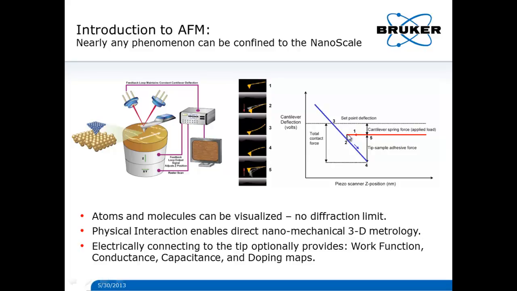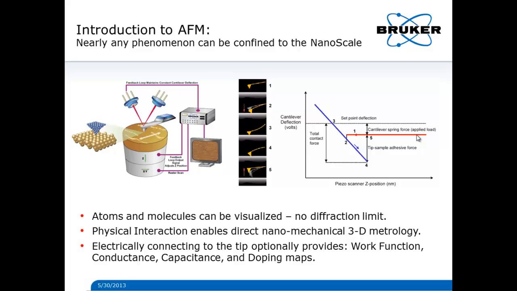When you come near the surface, attractive forces cause the tip to jump into contact, and then the tip stays on the surface while approaching until it reaches the peak force, and then retracts, and at some point the tip breaks free of the surface at the pull-off point, and then it goes back to undeflected. Analyzing these curves can allow you to get information about the mechanical properties and adhesion of the samples.